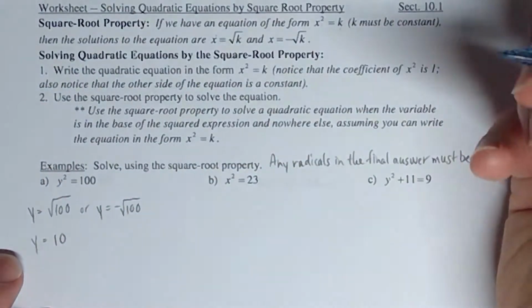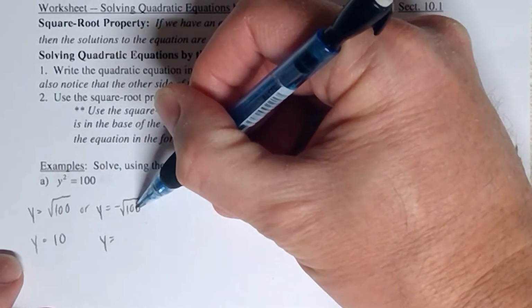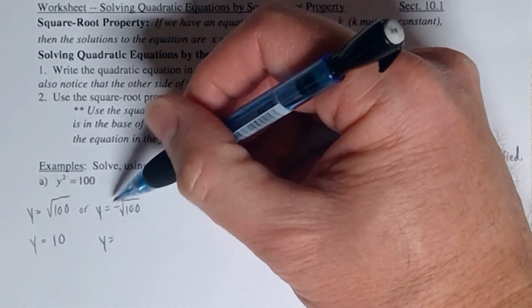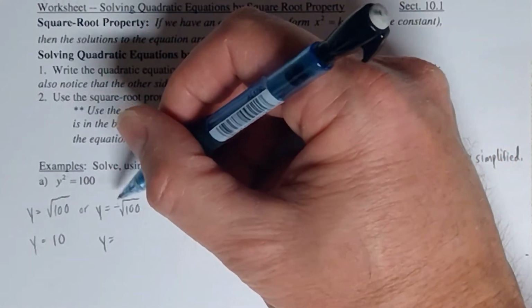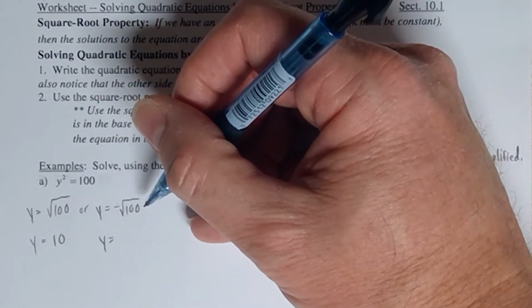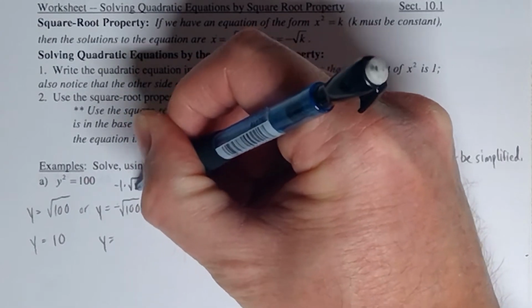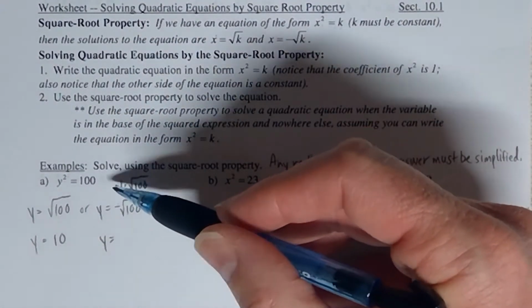It's 10, right? Which would then make this what? It would make this negative 1 times 10, okay? Because remember, when you have a negative and then a radical, and that's all you have on that side of the equal sign, that means negative 1 times the radical, which means negative 1 times 10, because you compute the radical before you multiply.